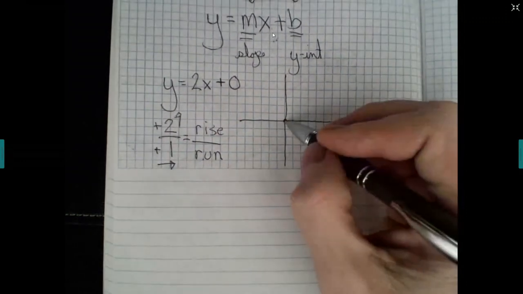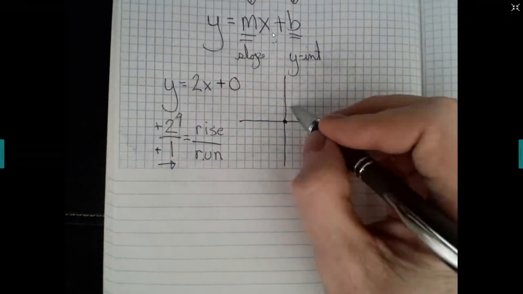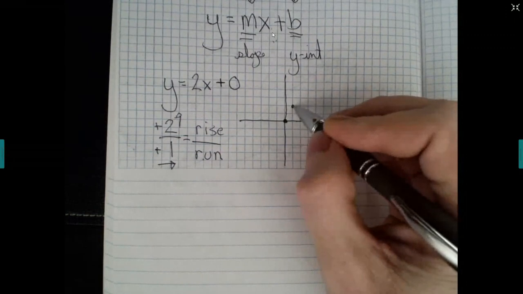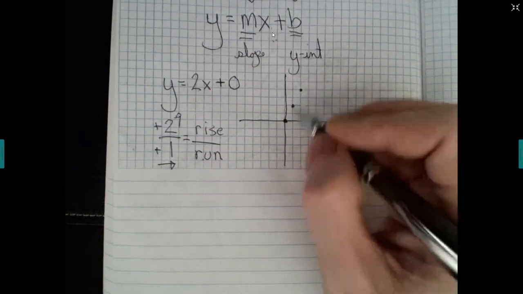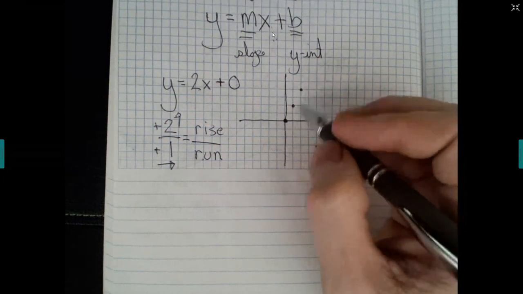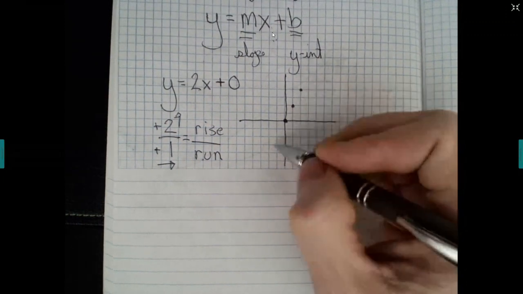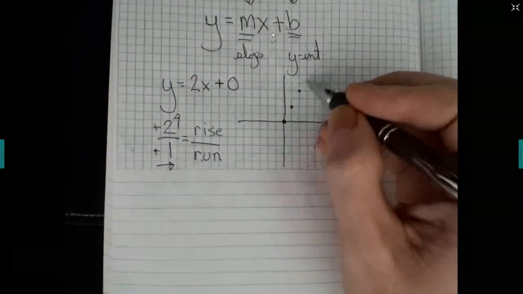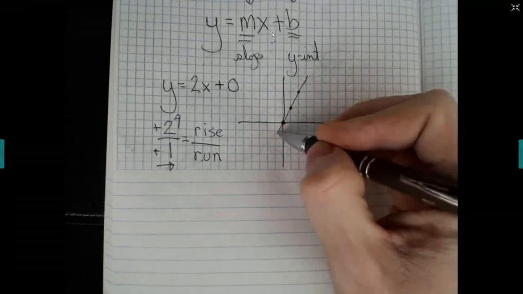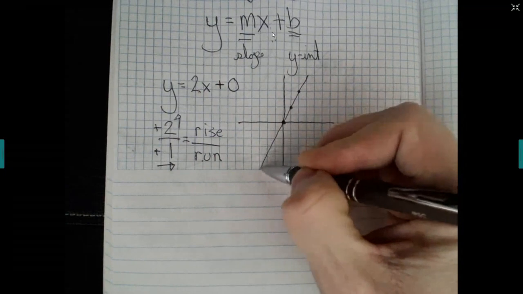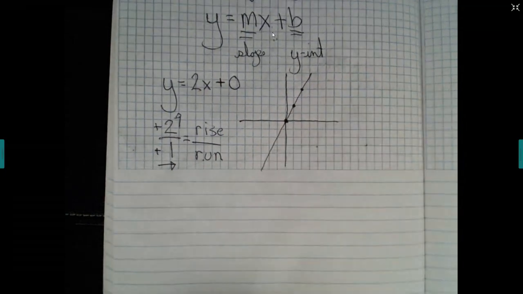So from there, we go up 2 over 1. We could do it from this point again, up 2 over 1, and put another one. By keeping consistent with that trend, we would get the graph of that line.